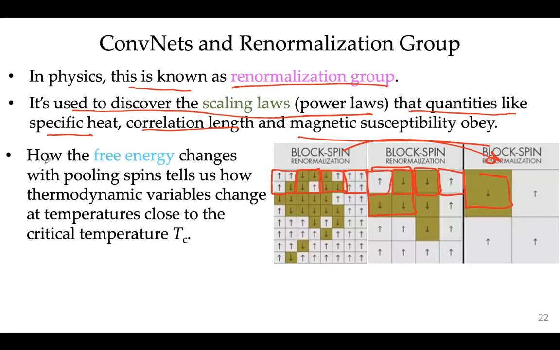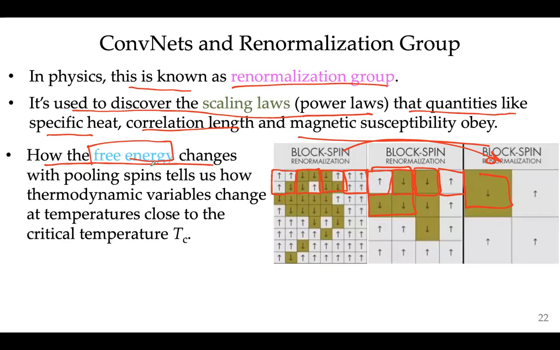So the question here is how the free energy changes. So now we don't ask how free energy changes with temperature, but we ask how free energy changes as I do this pooling or averaging or using the majority rule. Remember, free energy is our objective function in statistical mechanics that we want to minimize.